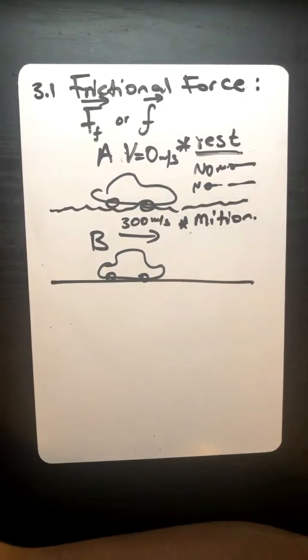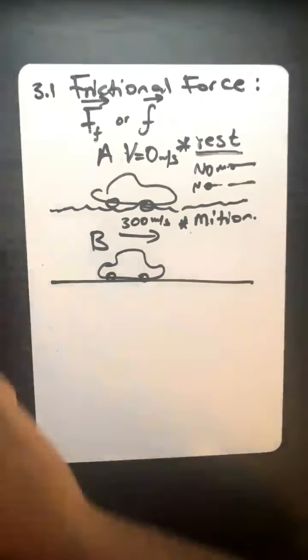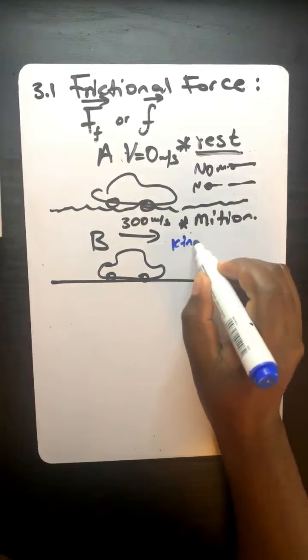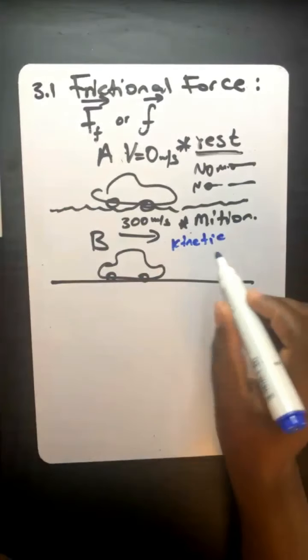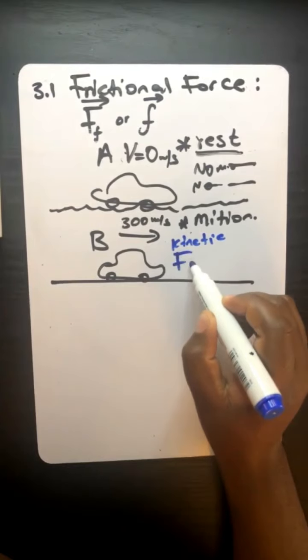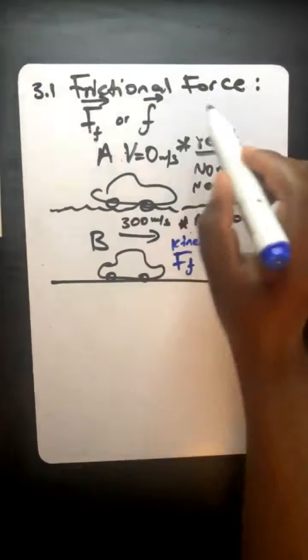What happens when an object is in motion? It means it's moving. Then this is where we have what we call, ladies and gentlemen, kinetic. I'll just write it down there so that those who are writing notes can write it down. So there's what we call kinetic frictional force.